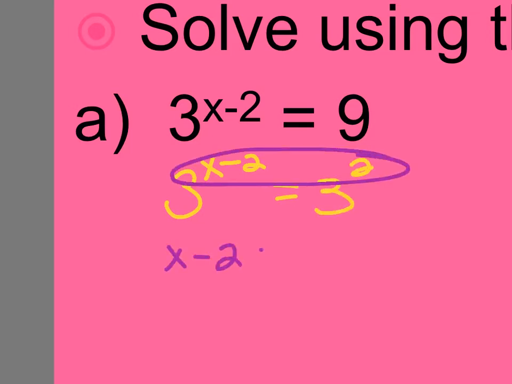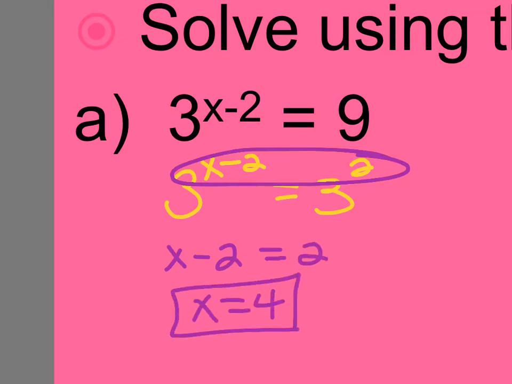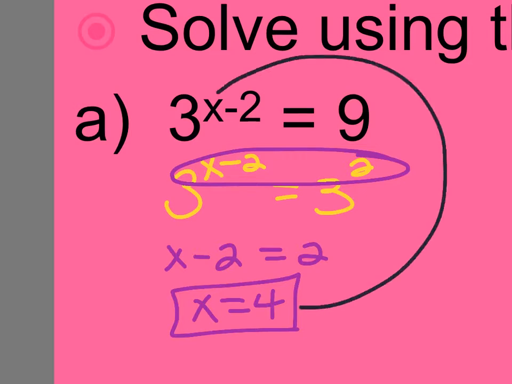X minus 2 equals 2. Solve, and x equals 4. These should be easy to check, right? Take the 30 seconds to plug it back in. 4 minus 2 is 2, and 3 squared is 9. Questions on that one?